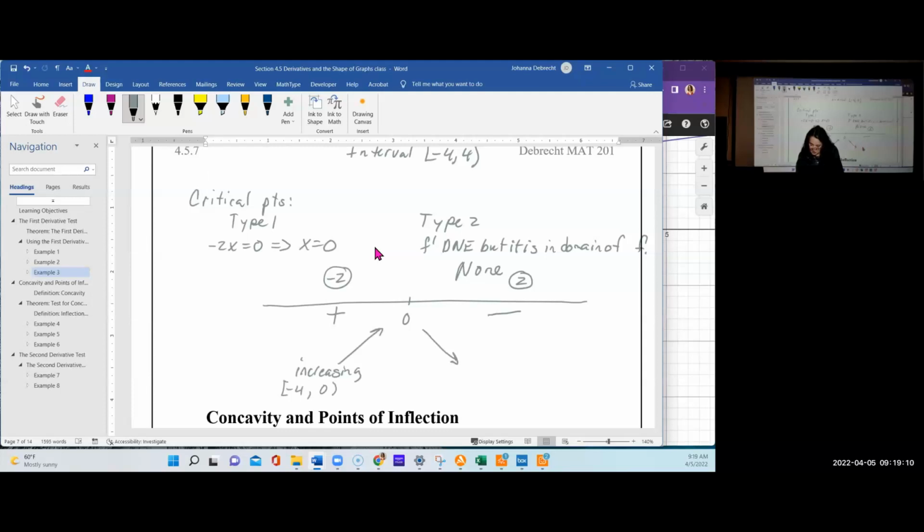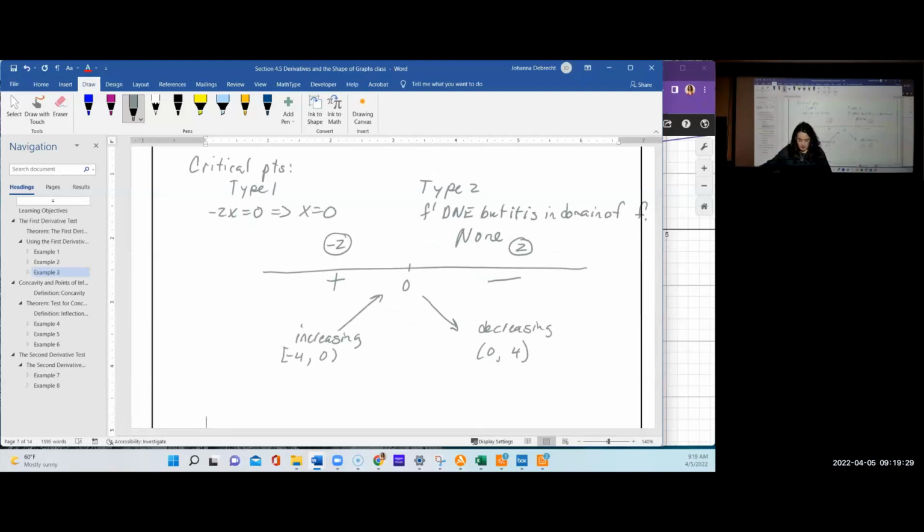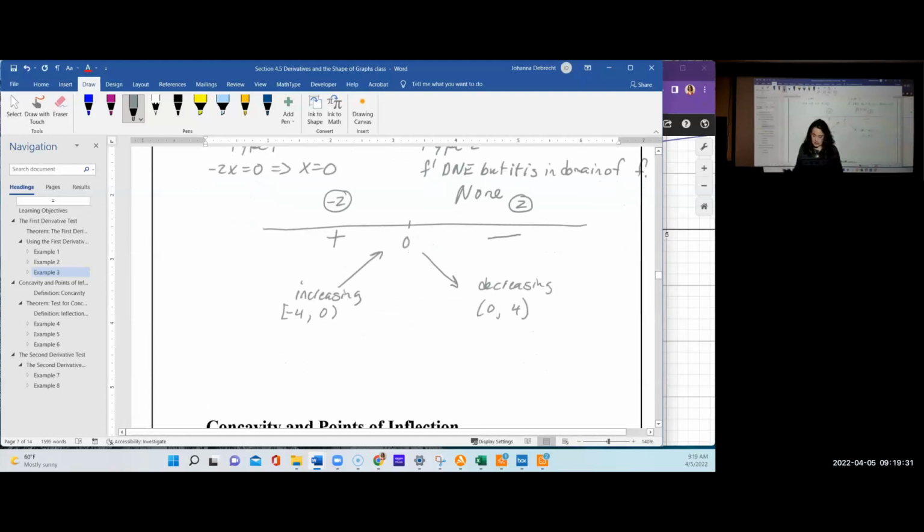And then I have decreasing behavior from 0 up to 4, since we're restricting our view to just that interval, which means that I have a relative extrema here at the value that's in between. So I have a relative extrema at 0, and this is going to be a relative maximum because it goes from increasing to decreasing.